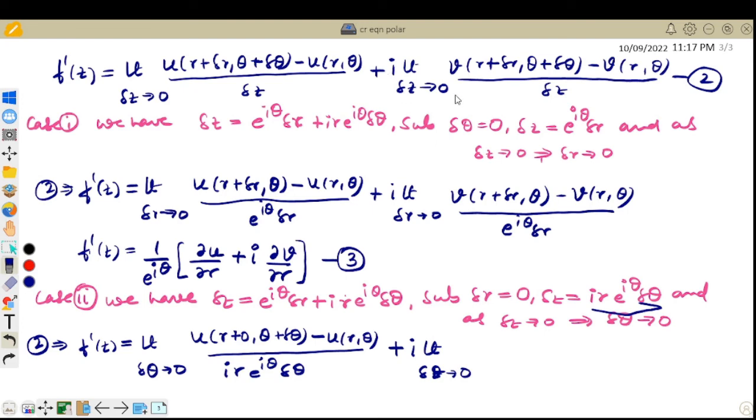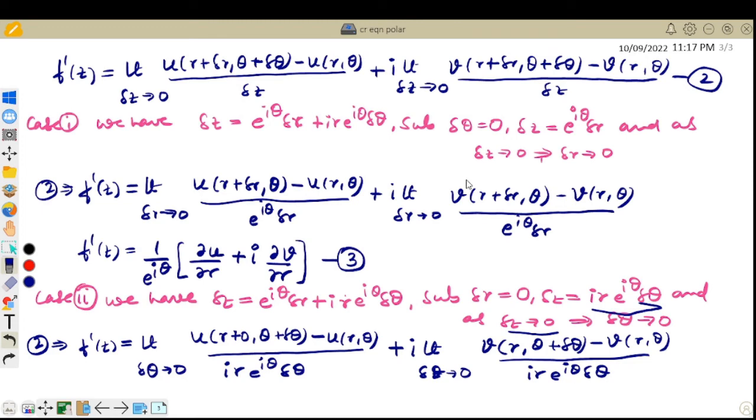Since as delta z tends to 0, delta theta tends to 0, v of r and delta r is 0, comma theta plus delta theta minus v of r comma theta, divided by this i r e raised to i theta into delta theta.